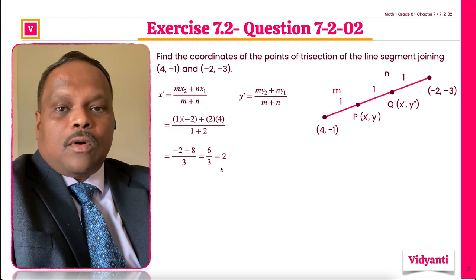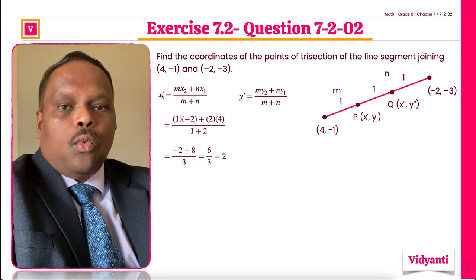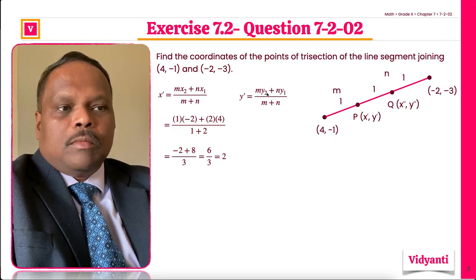Let's repeat this process for y'. The formula is the same, except x will be replaced by y. Again, it's a cross product: first number times y coordinate of the second, plus second number times y coordinate of the first. m is 1, n is 2.